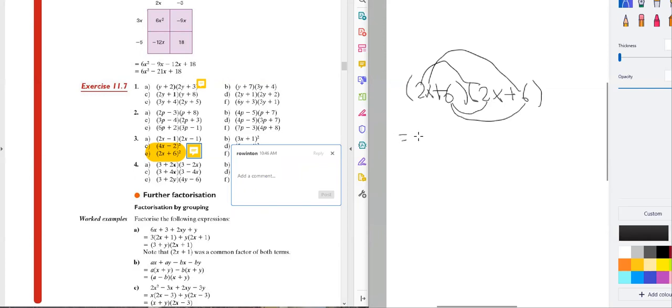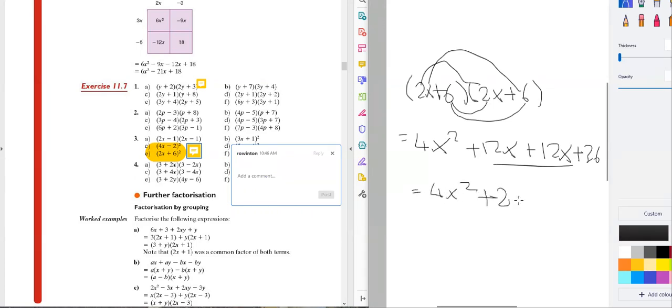So in the end, this one times this one is 4x squared, and then 2x times plus 6, you get 12x here, and this 6 also multiplies 2x, then you get another 12x, and then 6 times 6 you get plus 36. So in the end, these two need to be summarized. Your final answer will be 4x squared plus 24x plus 36. So this is the answer.